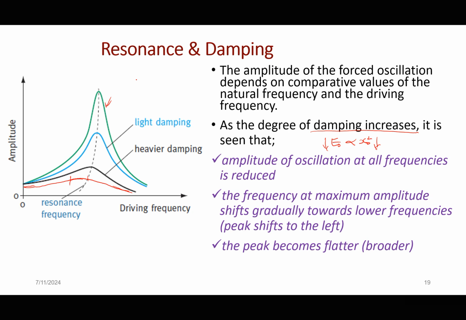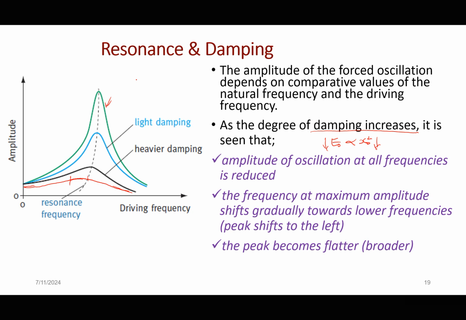So that is resonancy and damping. You should be able to explain the resonant curve. You should be able to explain the features of the curve. You should be able to explain what happens to the features of the curve when damping is increased or when damping is decreased. And I've shown you what happens when damping is increased.